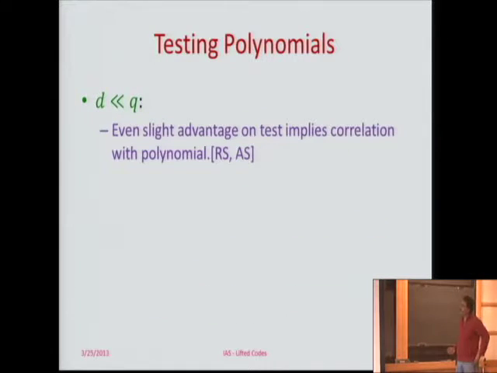What about testing of polynomials? The very early works, and this particular task, had significant impact on the construction of PCPs in the early days, and probably even now. I think all except maybe one construction, due to Orr here, have used some significant statement about polynomials and their testability. If you want to get the best kinds of PCPs, they have all used some significant results on low degree testing.